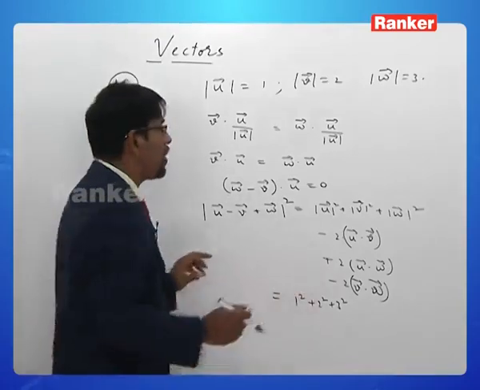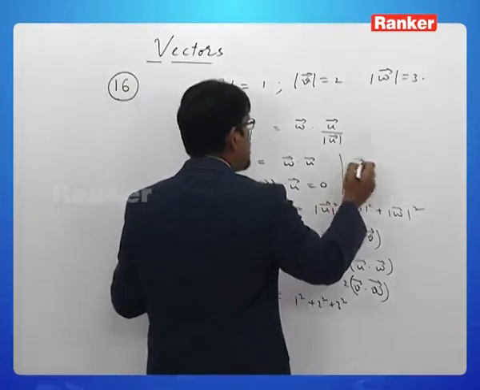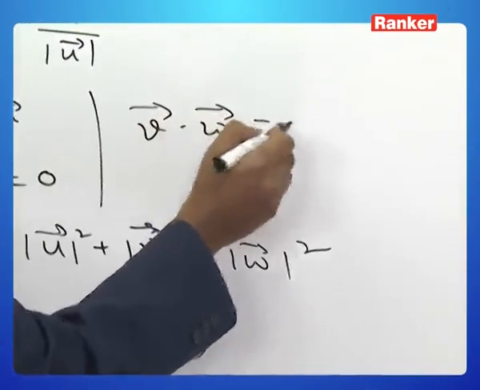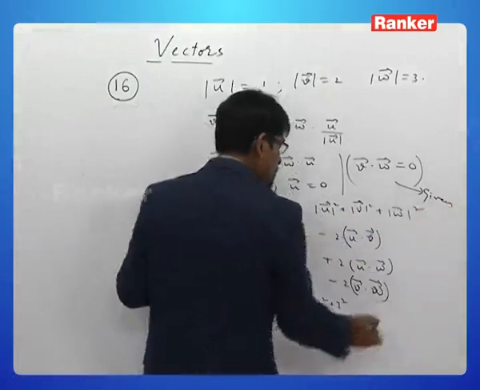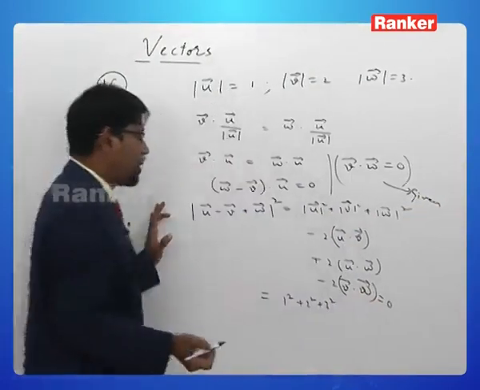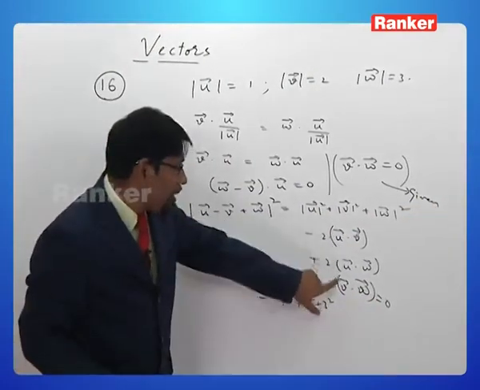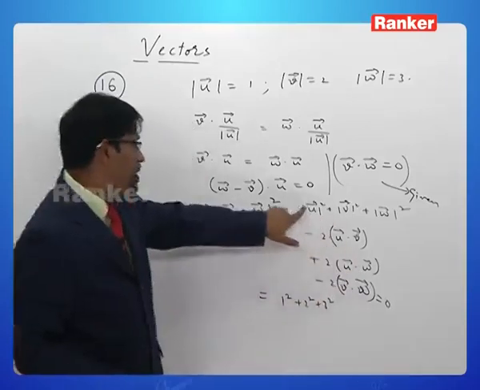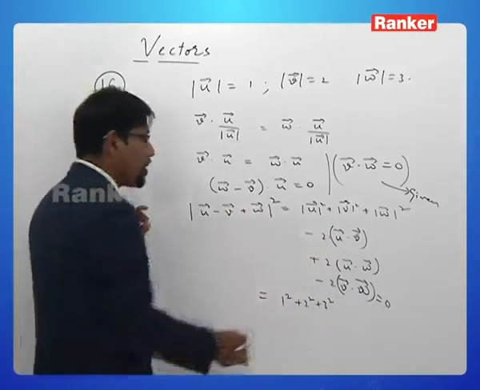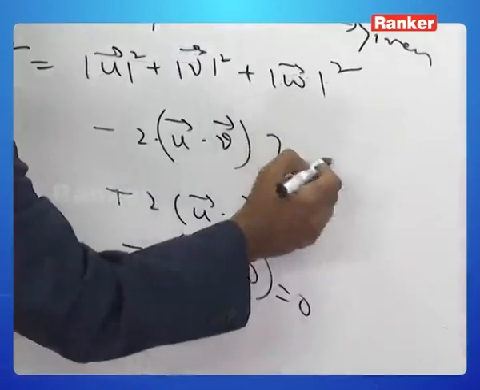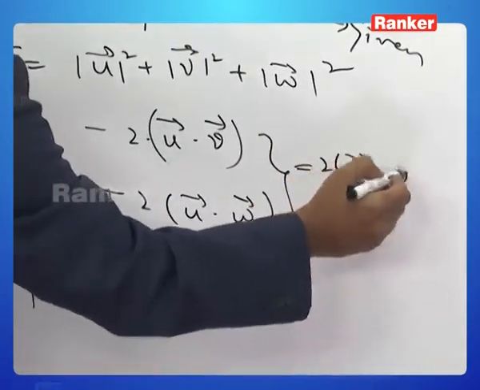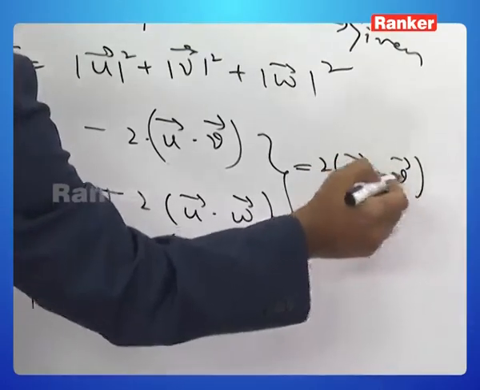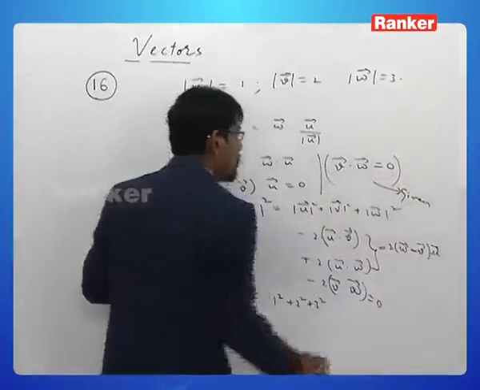It is given that v bar and w bar are perpendicular, so v bar dot w bar is also given to be 0. This is given, so this term is 0. Moreover, you can take u bar common, and you have here (w bar minus v bar) dot u bar. So this part can be clubbed into 2 times (w minus v) dot product with u.